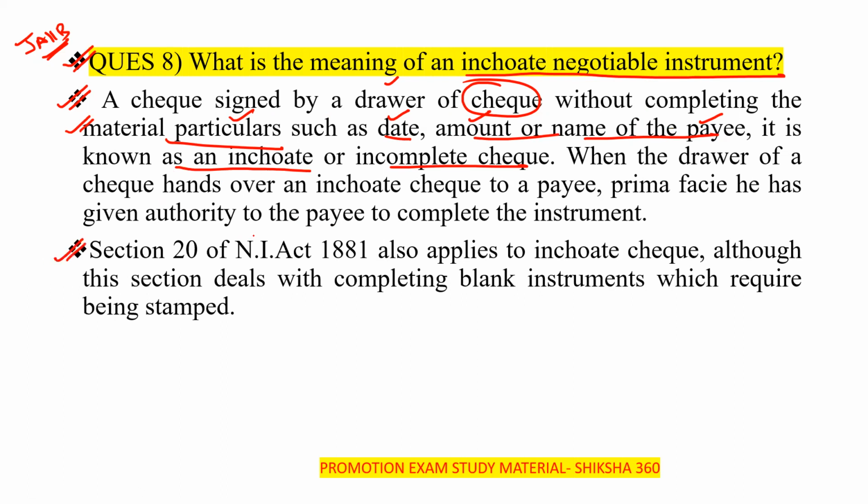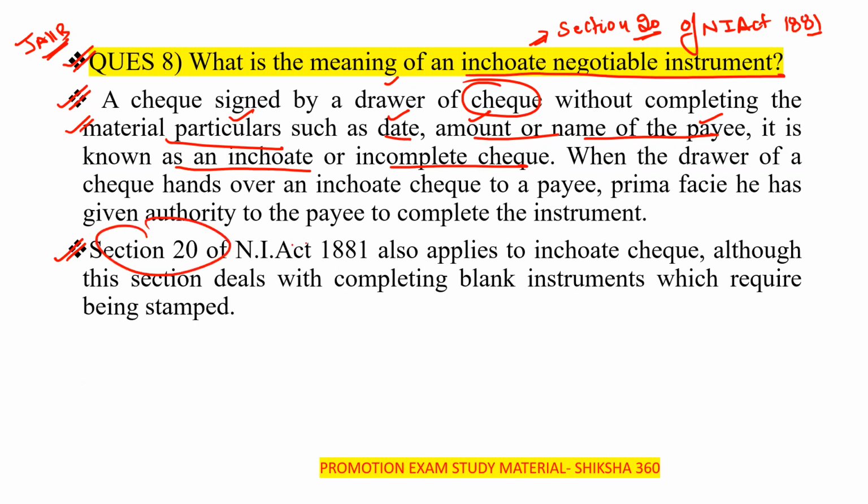Further, Section 20 of the NI Act 1881 deals with this instrument, the inchoate negotiable instrument. Please remember Section 20 of the NI Act 1881. Clear?